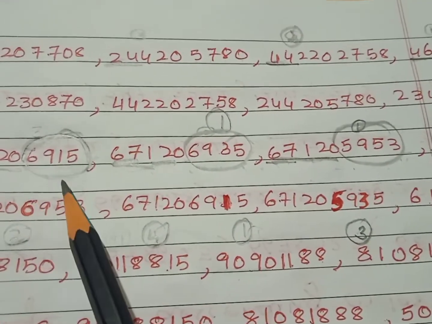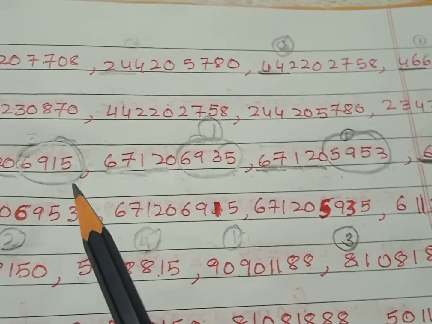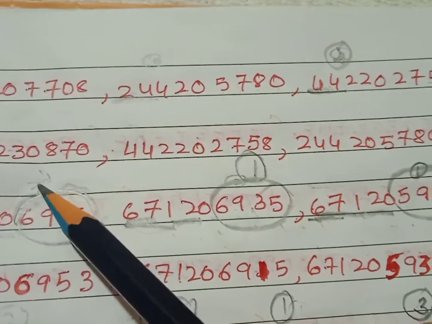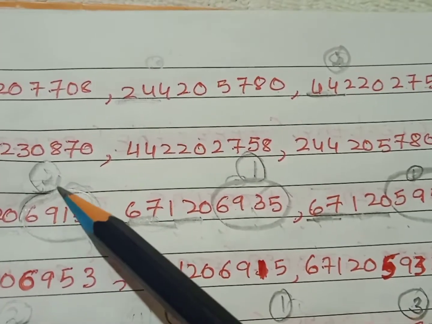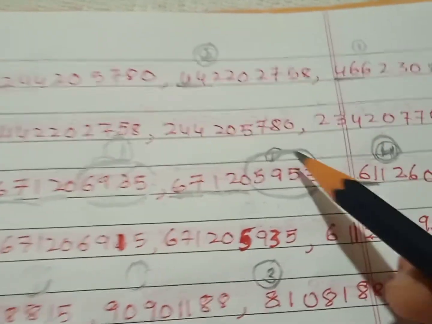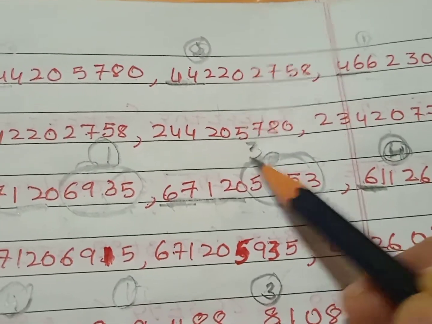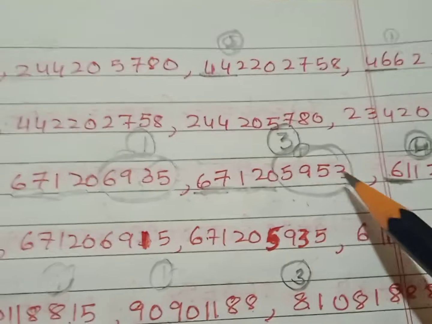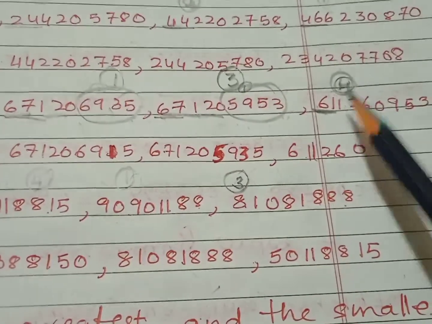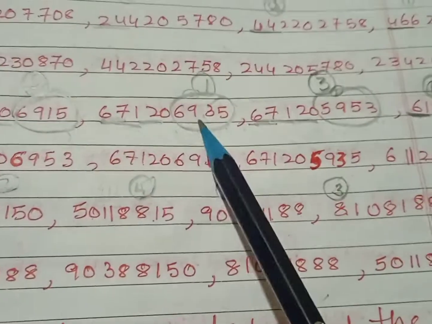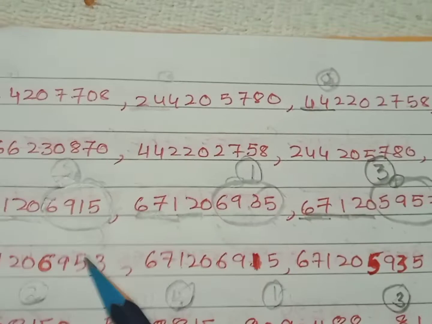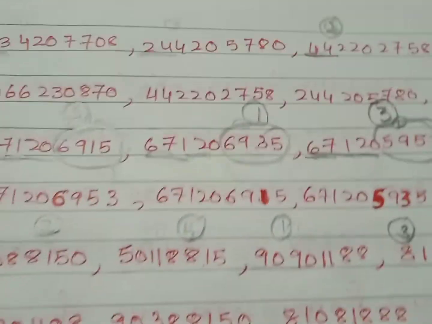Of course, 6,915 will be bigger. So if this is 1, this will be numbered as 2, and then this will be numbered as 3. Okay, and of course we have already decided which one will be the smallest one as number 4. So now that we have decided, we can just write them down according to the order that we have planned out.